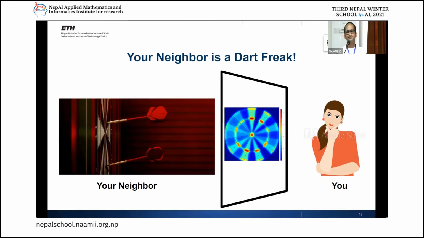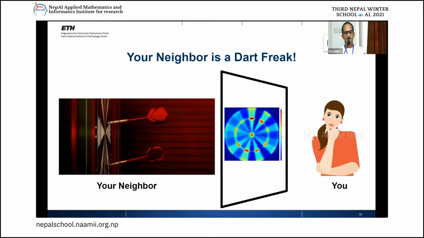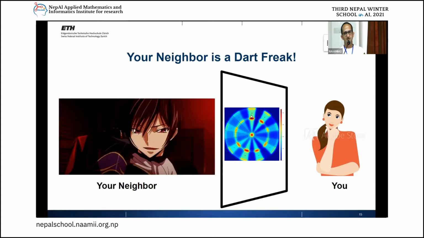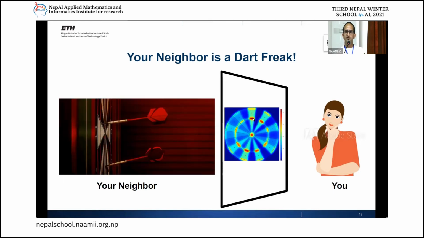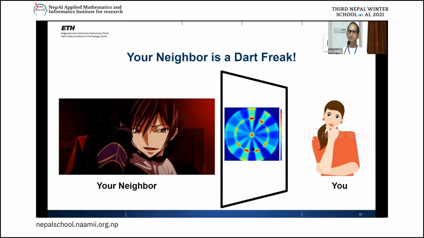But that's not all. You see, now if your neighbor hits somewhere nearby here, you can safely say that neighbor was actually targeting this location, not here, right? They just missed it. And those kinds of inferences you can make. And if you are given points in a certain order, you can say, okay, this might be the game the neighbor might be playing.